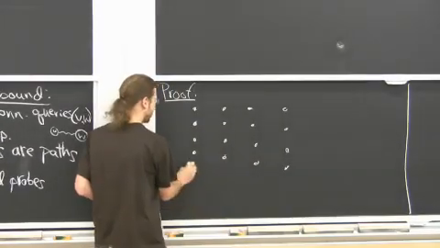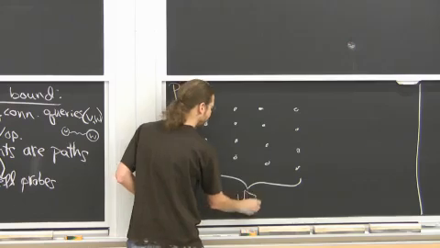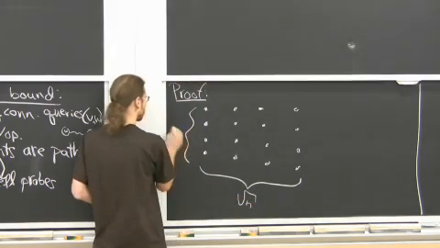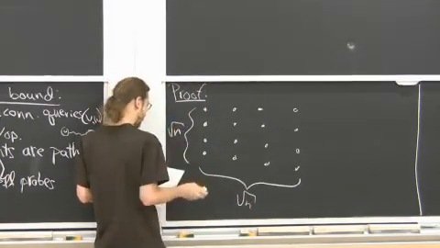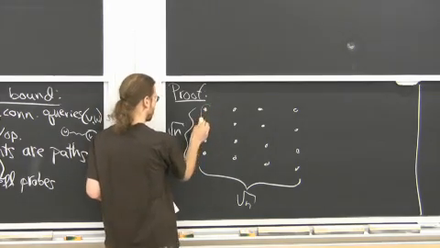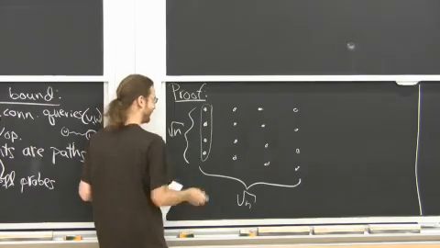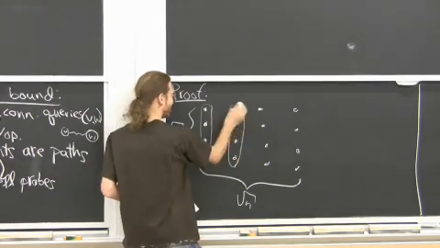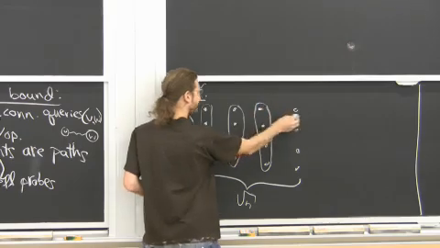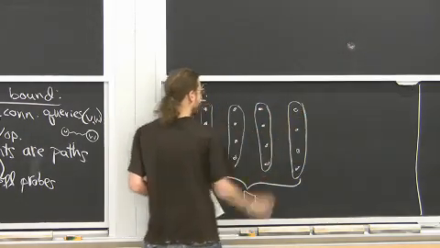The vertices are going to be a root n by root n grid. And these are, what do I call them? Groups? Columns? Columns is a good name. These are columns of the matrix, our vertices.